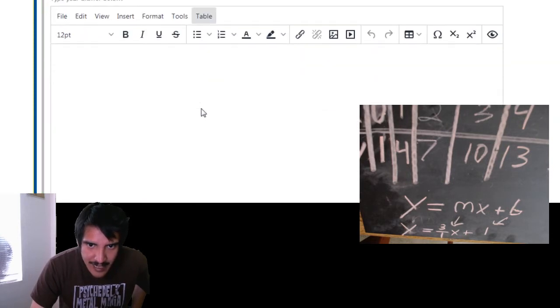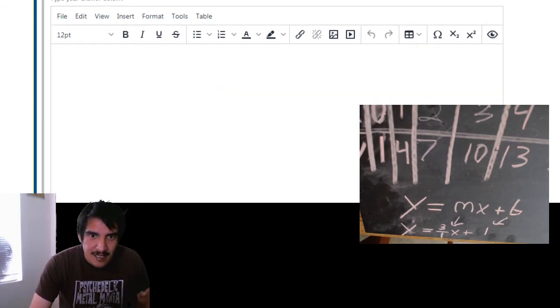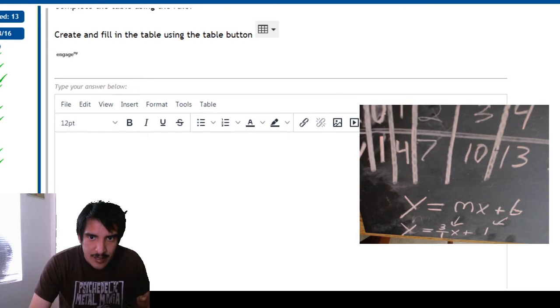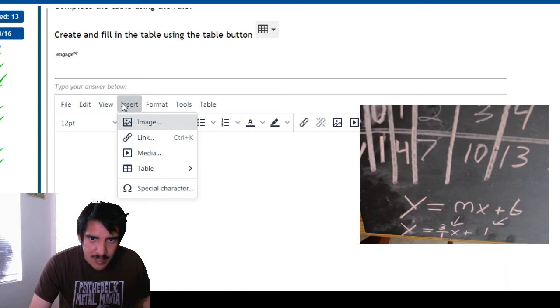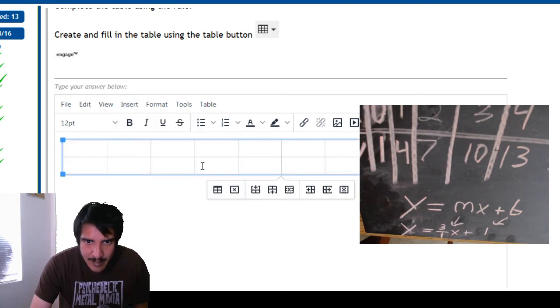I think they're going to ask us to insert a table. So this is how we're going to do it. I want you guys to see this because some people were having trouble knowing how to insert a table here. An xy table has 2 columns, so I'm going to go ahead and insert table, and I'll just do a 10 by 2.